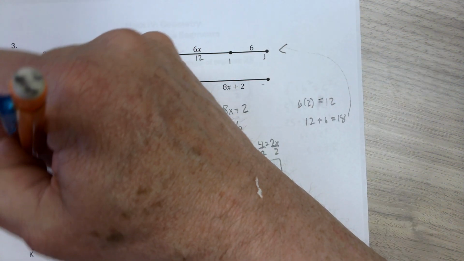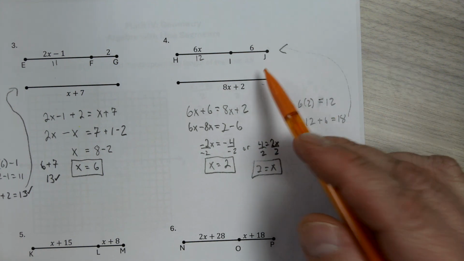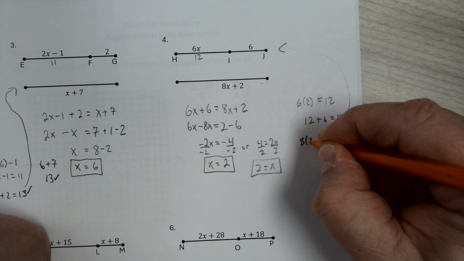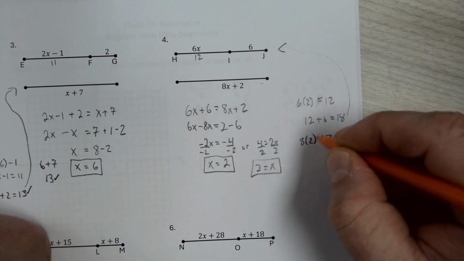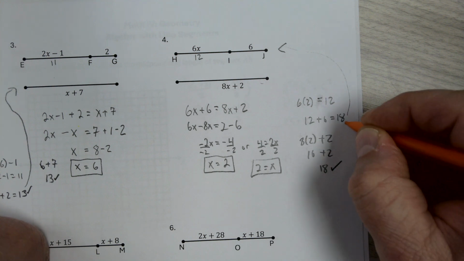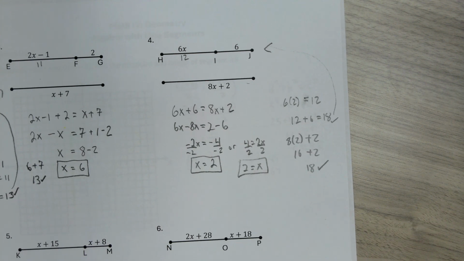Or actually, it should be the length of both lines, right? Let's try the 8x plus 2. So 8 times 2 plus 2. That is 16 plus 2, which is 18. So we've confirmed that each segment is worth 18.